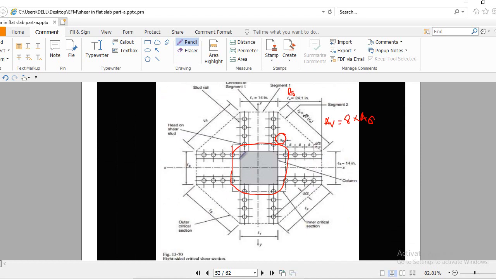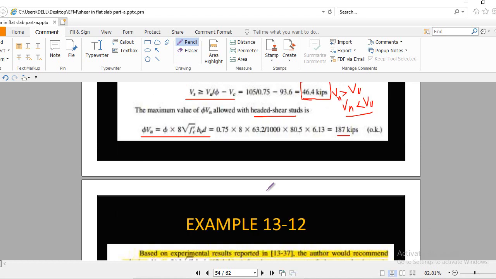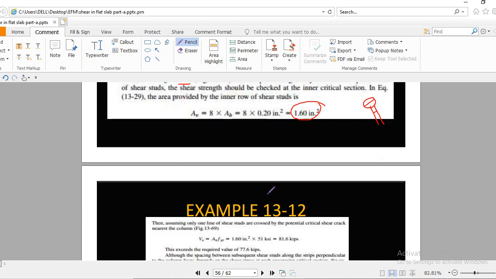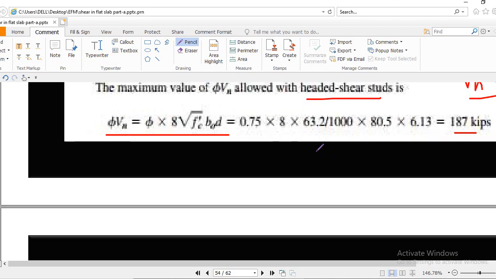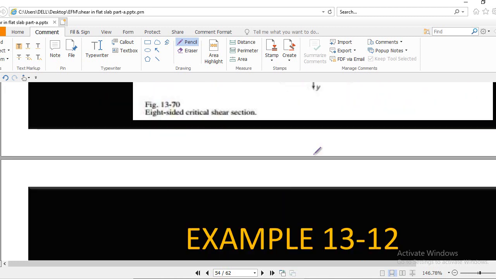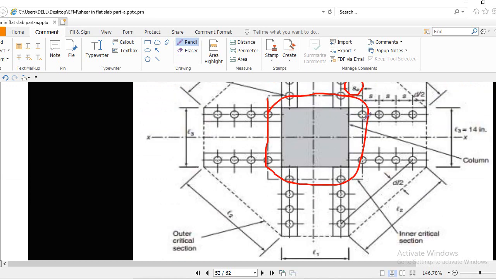These 8 studs will give us 1.6 square inch area. So now we will use this equation. I already explained this equation. Vs is this one. We will find the strength of the studs provided in the one peripheral row.